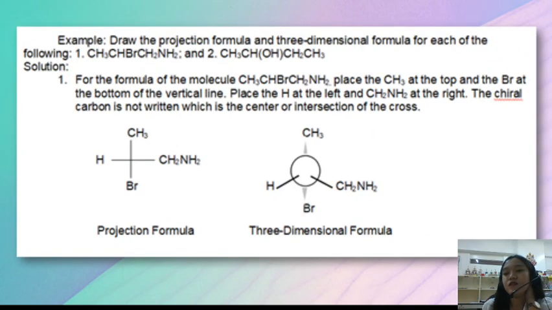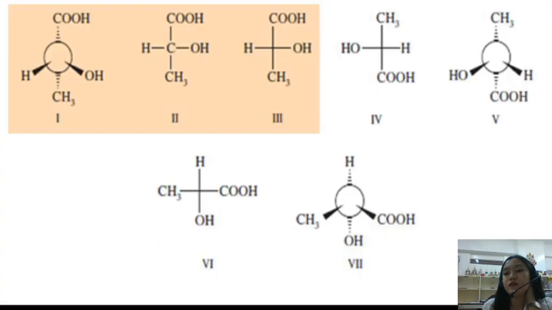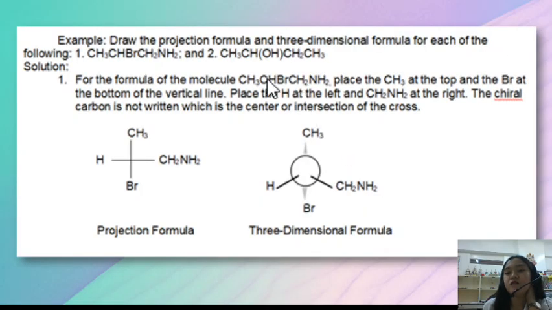So just don't forget, bago magsulat ng projection formula, you first have to locate if the sample has a chiral carbon atom. If the sample does not contain a chiral carbon atom, then meaning it is not optically active. So meaning it does not rotate the plane polarized light. And also, it is superimposable.